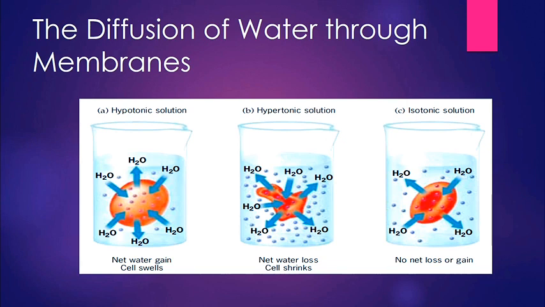Once the internal solute concentration, which includes a high concentration of dissolved protein, is equal to the external solute concentration, the internal and external fluids are isotonic, and there is no net movement of water into or out of the cell, as you can see in the illustration in figure C.